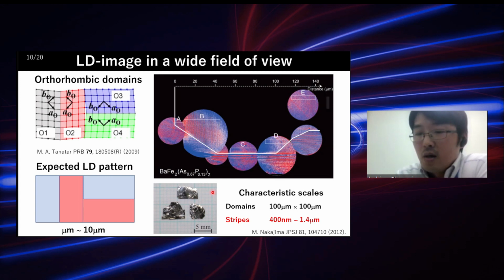And these domains are defined by these white bars, which are the boundaries between the stripes, the 90 degree rotated stripes. Okay, so now we move on to the details of these nanometer stripes.